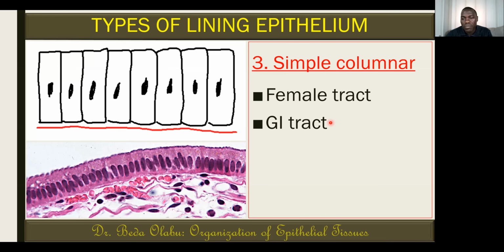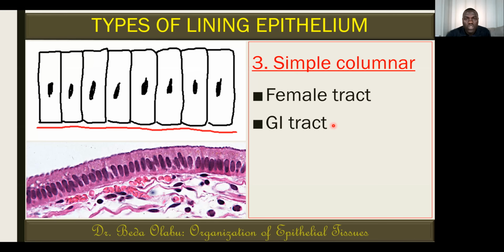Second region where we find simple columnar epithelium is the gastrointestinal tract. And so which parts of the gastrointestinal tract really have simple columnar epithelium? This epithelium is present from the stomach all the way to the rectum. Now you can list those components then.